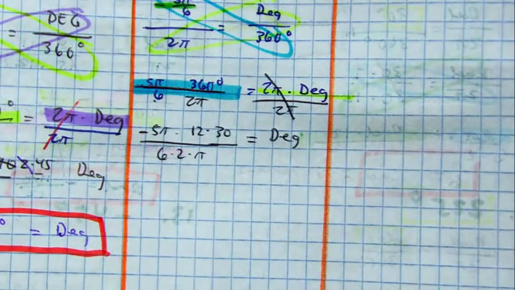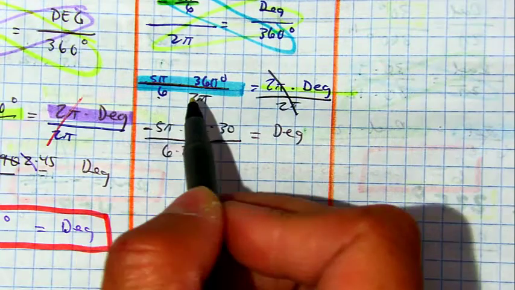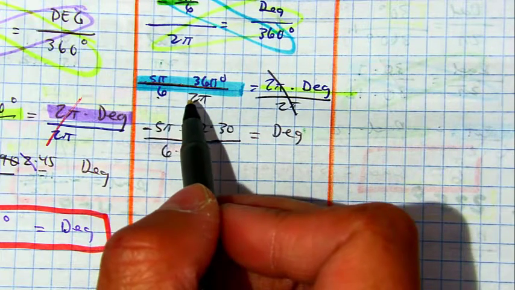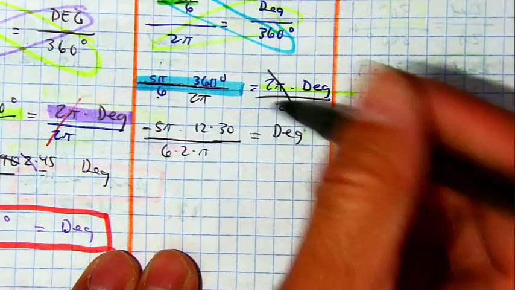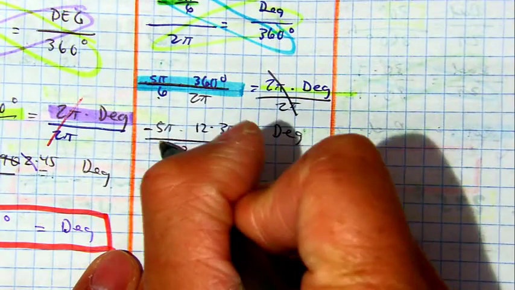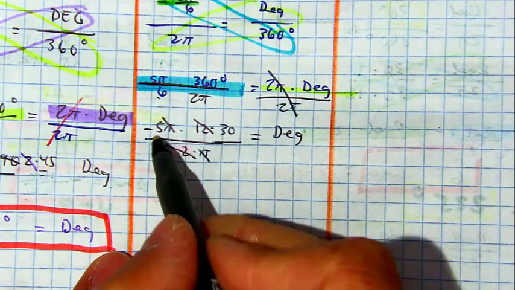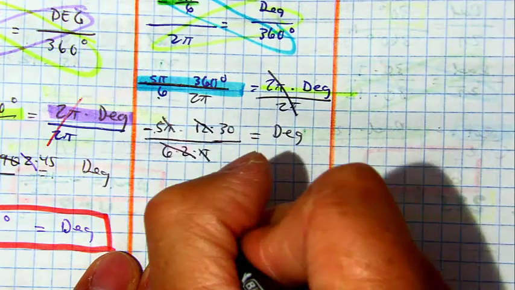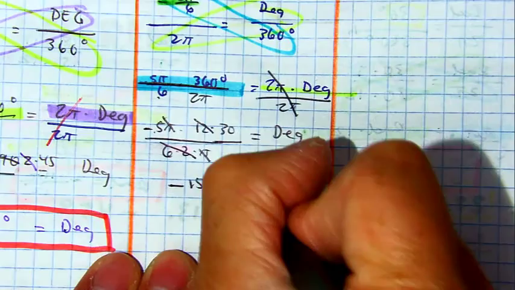You could literally do 5 times 360 and get some huge number and then divide it by 12. Does that make sense? And then you're in trouble though if it's not a whole number. If it's a decimal, you're going to have to think of some other things. So there's my 12. I'm canceling my pi's. And then negative 5 times 30 is what? Negative 150 degrees, right? Remember we talked about how you have to have your symbol?